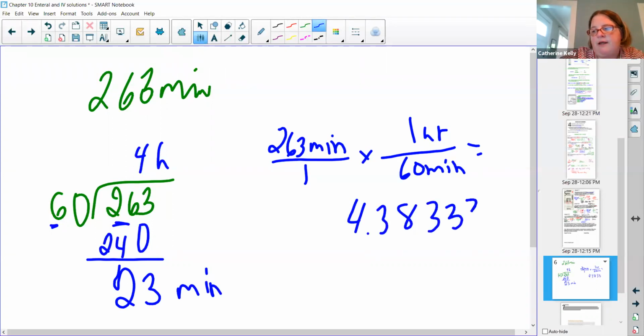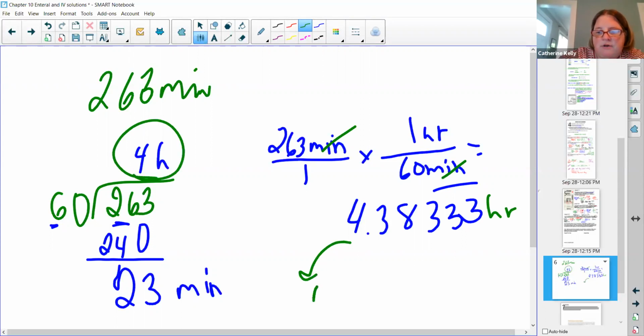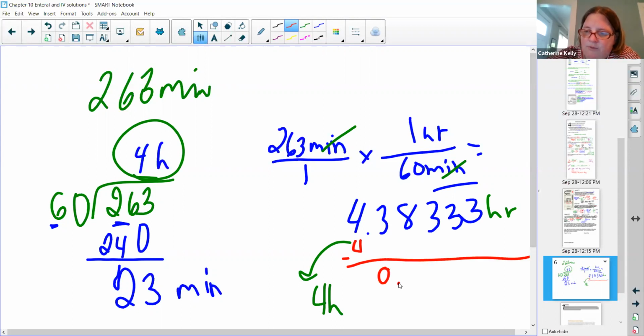Do not round it yet, because this is where people make mistakes. And you're left with hours. Now you have the full 4 hours, which is what we had before. And to get the rest of it, you're going to subtract 4. And in your calculator, you're left with 0.38333 hours.